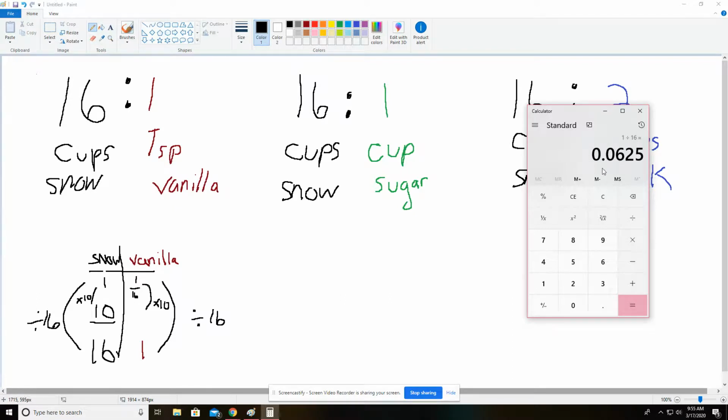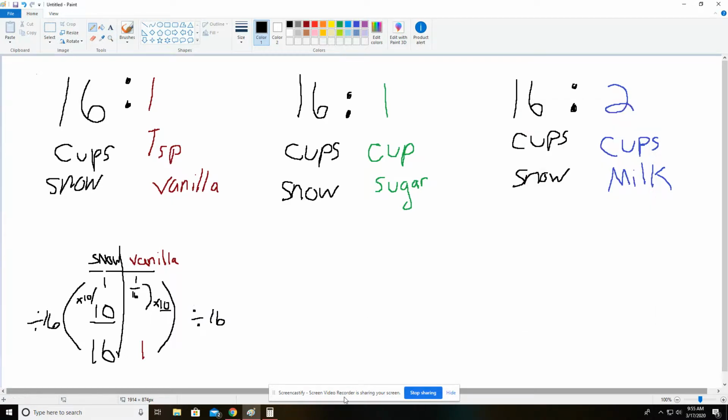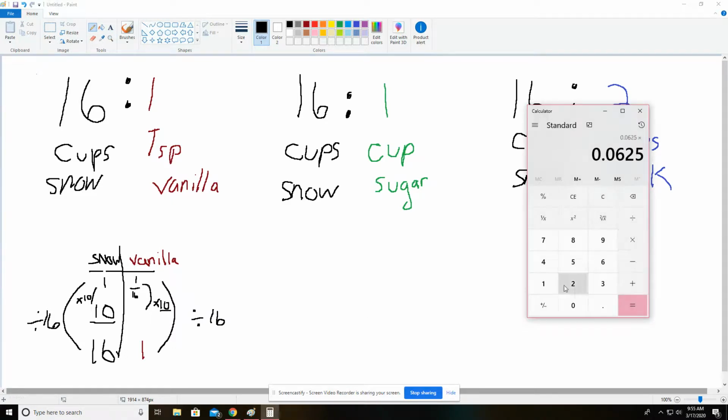So this would give me what 1/16 is in decimal form. Now I can simply multiply that times my 10. Do you notice how it just moved the decimal place over to the right once? Because we have 1 0 there.